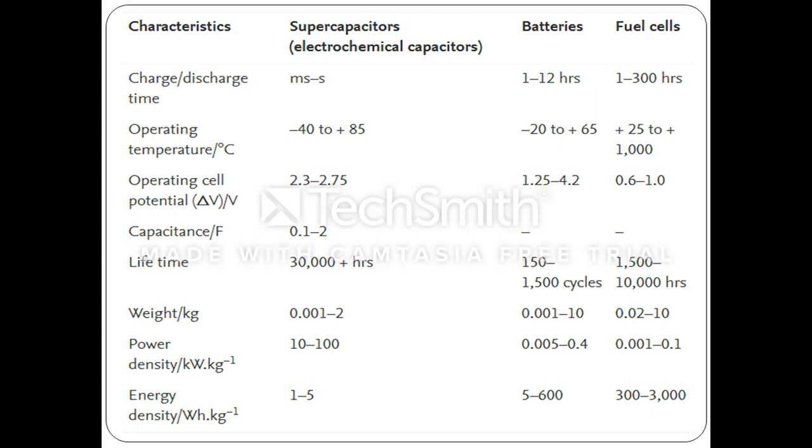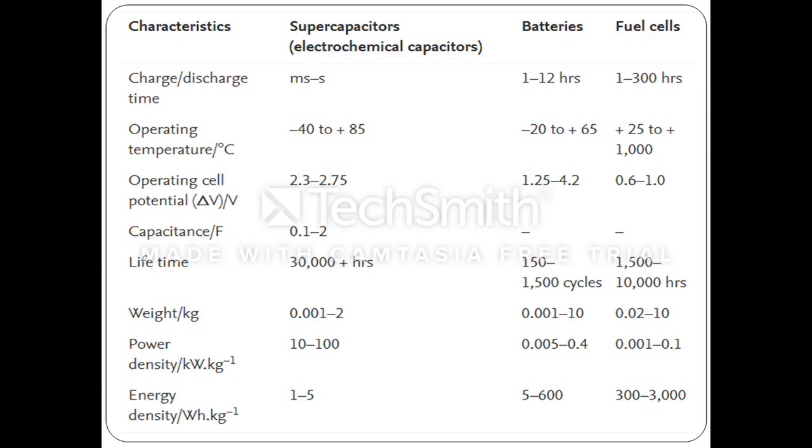Then operating cell potential, that is delta Phi, for supercapacitor it is 2.3 to 2.75, for batteries 1.25 to 4.2, and for fuel cell 0.6 to 1. Then capacitance in farad, for supercapacitor it is 0.1 to 2, and for batteries and fuel cell it does not exist.